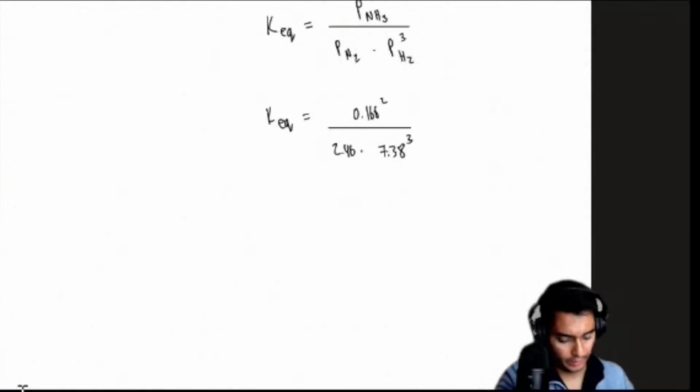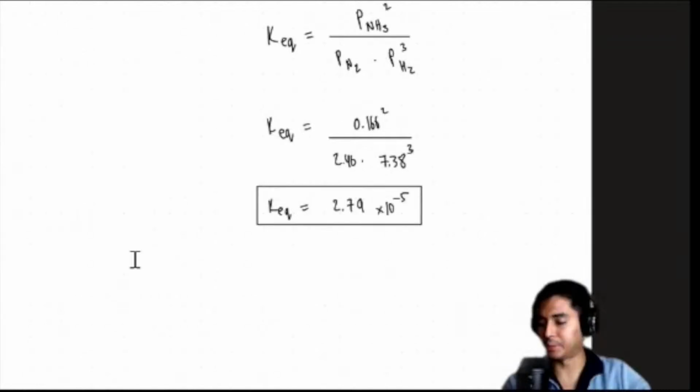All right, and if you plug that into the expression, you're going to get KEQ equals 2.79 times 10 to the minus 5. Okay, so that's going to be our next example here. All right, so let me know if there's any questions about that. Otherwise, we're going to continue forward.